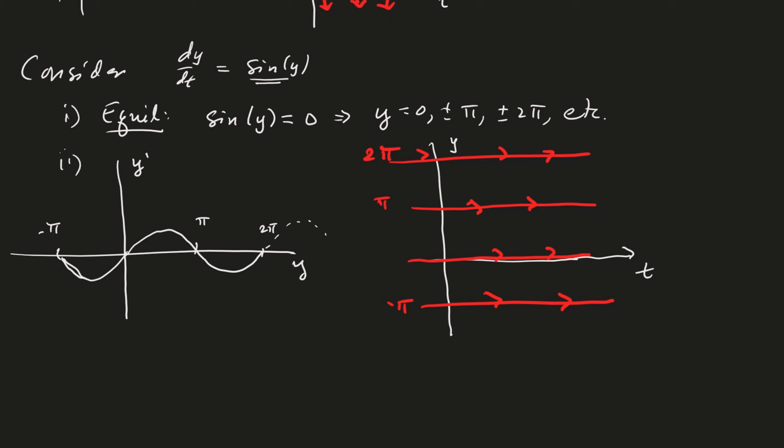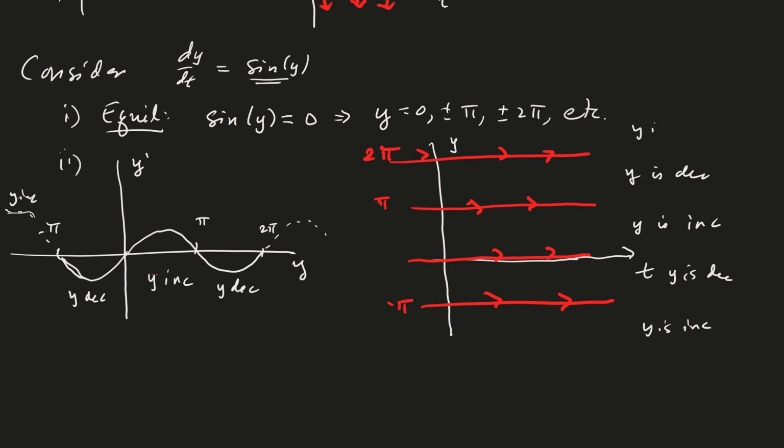Okay, now what's happening between 0 and pi? y is increasing, and then y is decreasing, and then y is decreasing over here. On the other side of minus pi, by the way, we're increasing, right? So over here, y is increasing, then decreasing, then increasing, and decreasing, then increasing.